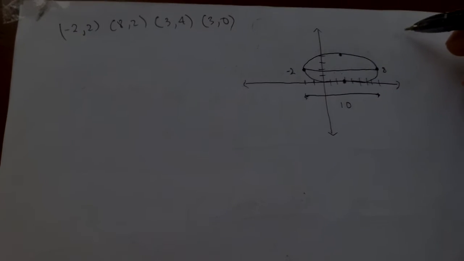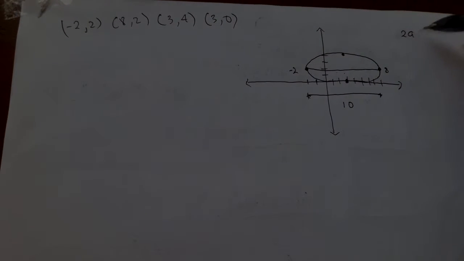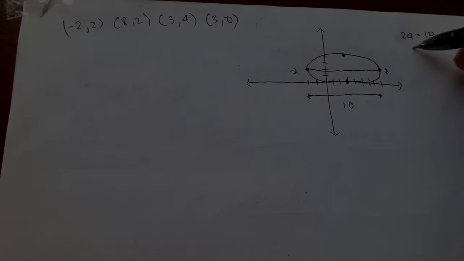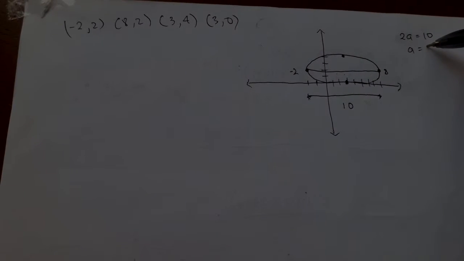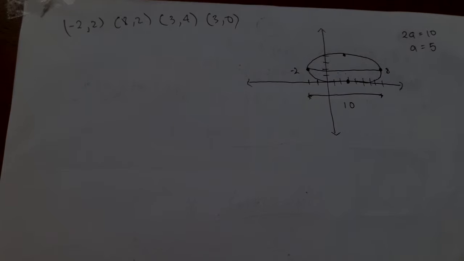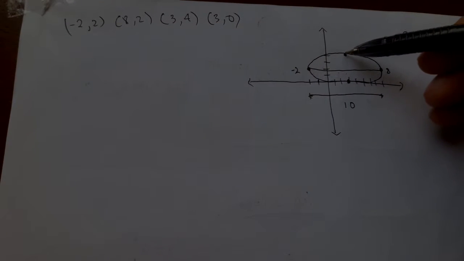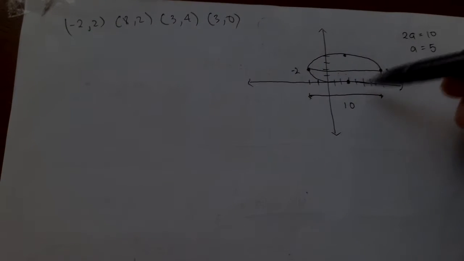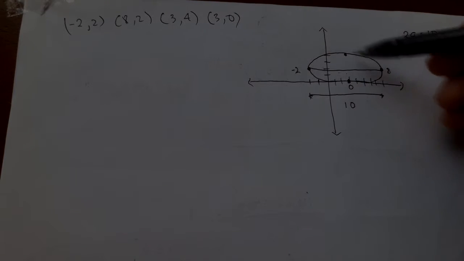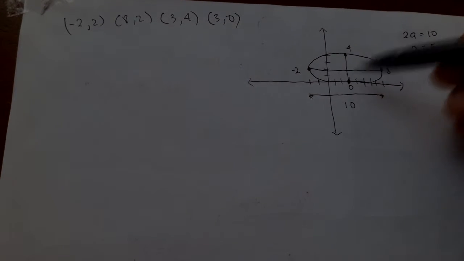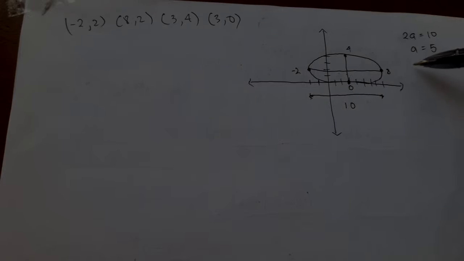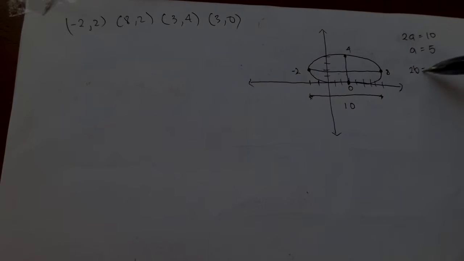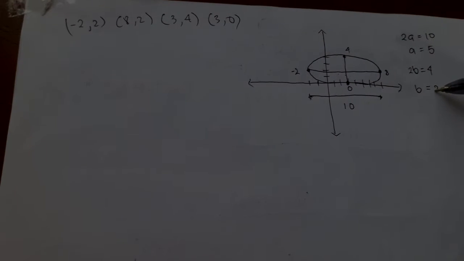So 2a is 10, then a would be 5. Then the minor axis is from 0 to 4, which means the minor axis is 4, then b would be 2.